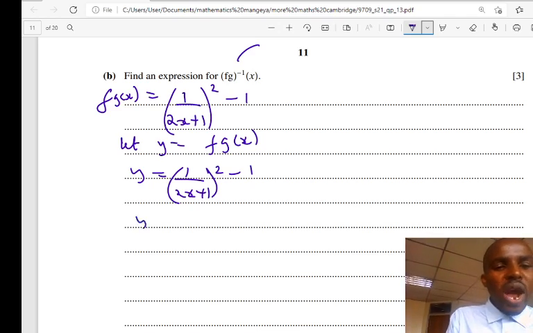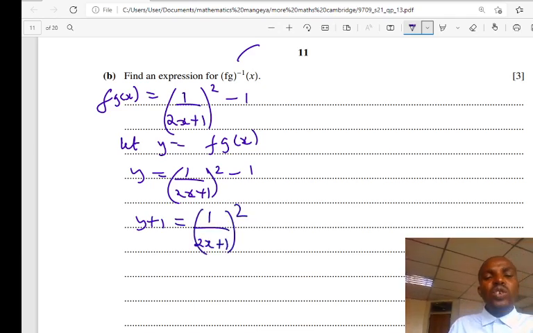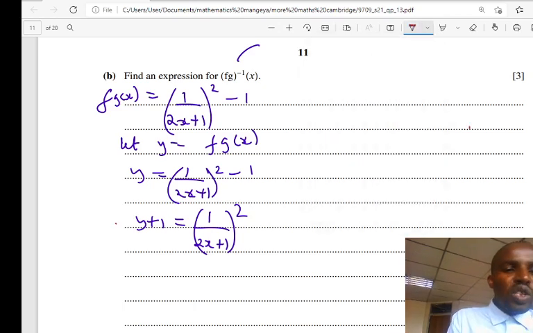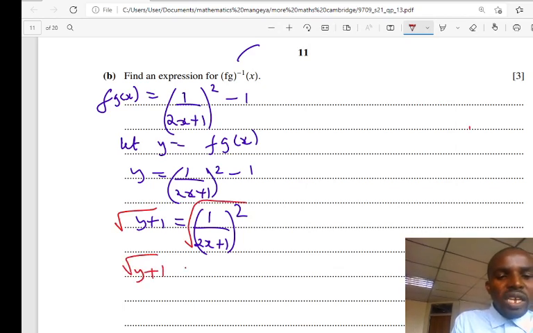You say y plus 1 is equals to 1 over 2x plus 1 squared. Then you want to get rid of the square. What do we do? We put square roots both sides. Like this. Then it will be square root of y plus 1 is equals to 1 over 2x plus 1.